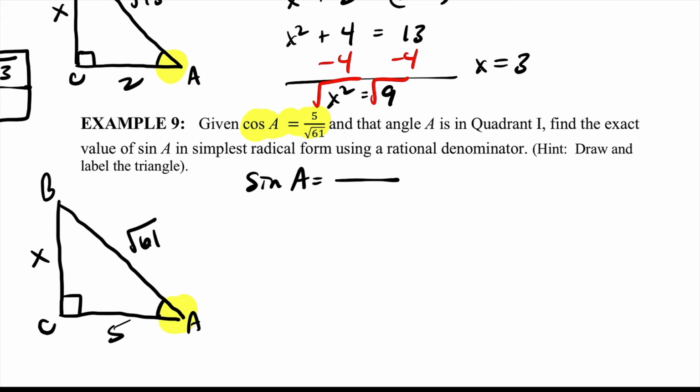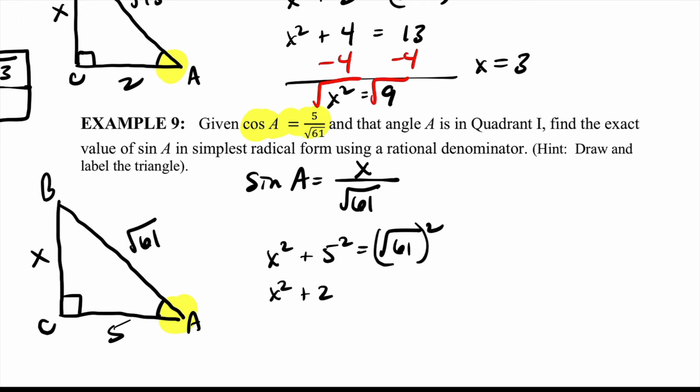Okay, so sine from A is going to be opposite, x, over the hypotenuse. So there's 2 issues here with sine of A. First of all, I got to find the top. And second of all, the bottom is a square root. Can't have that. Okay? So first thing I'll do is I'll deal with the top. So x squared plus 5 squared equals the square root of 61 squared.